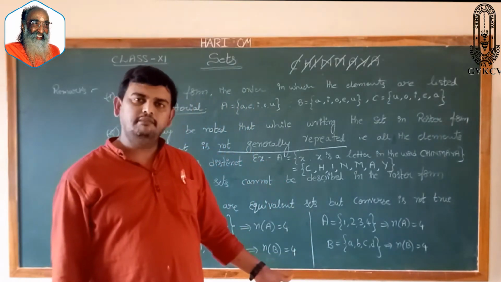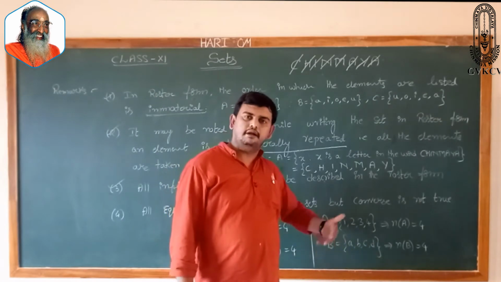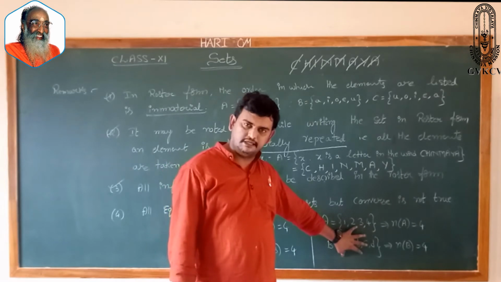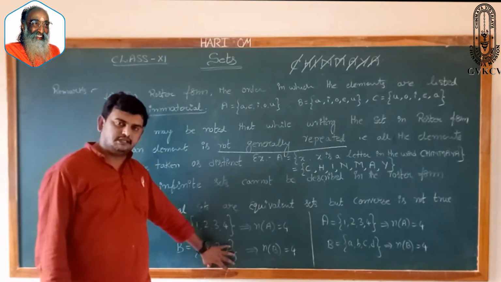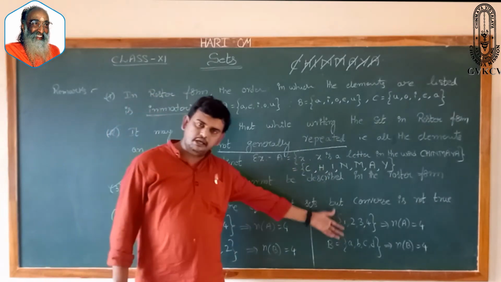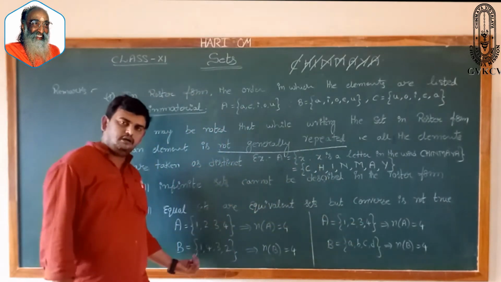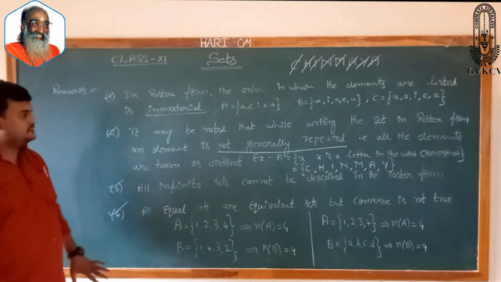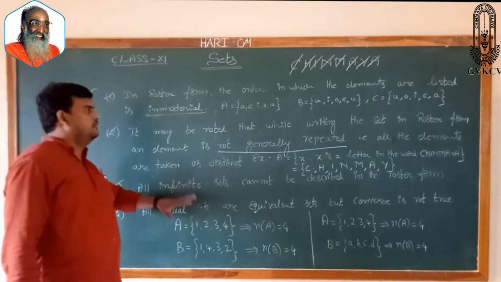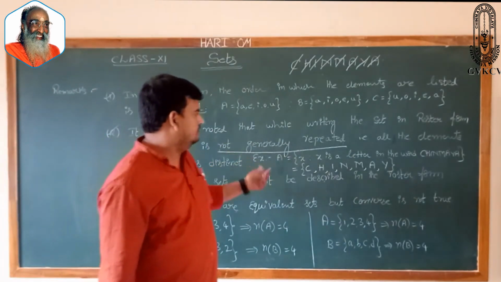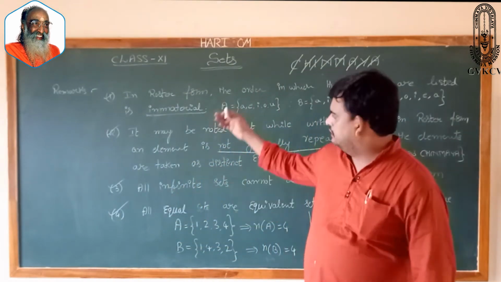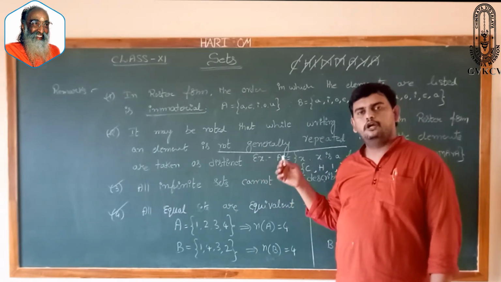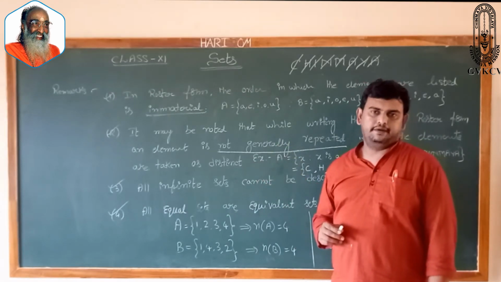Now when we compare the elements, they are different, so I can't call them equal sets. These sets are only equivalent sets. Now all equal sets are equivalent, but equivalent sets are not equal sets. That is about point number 4. We have to keep these 4 points in mind. Wherever these points are necessary, we definitely recall them and write accordingly.